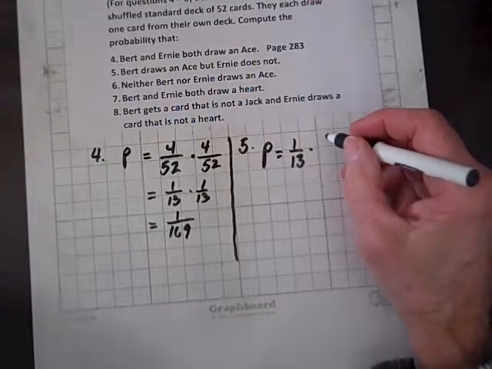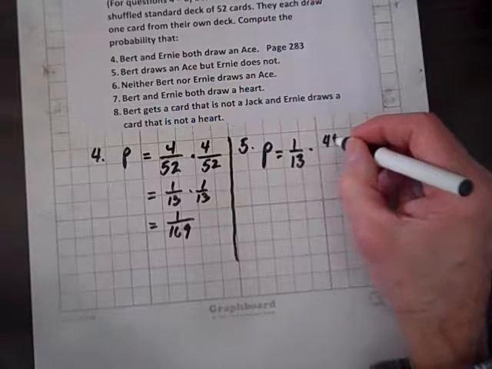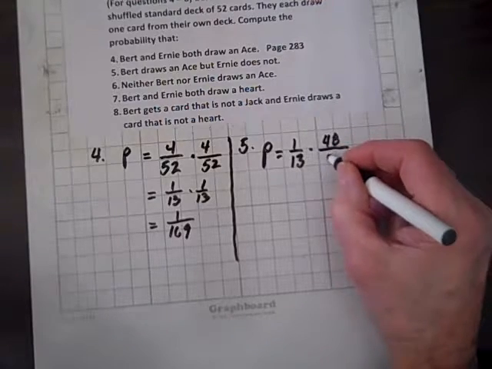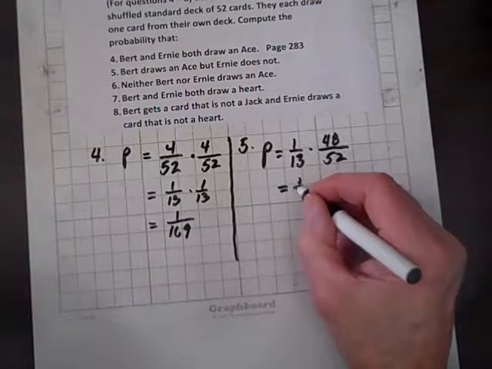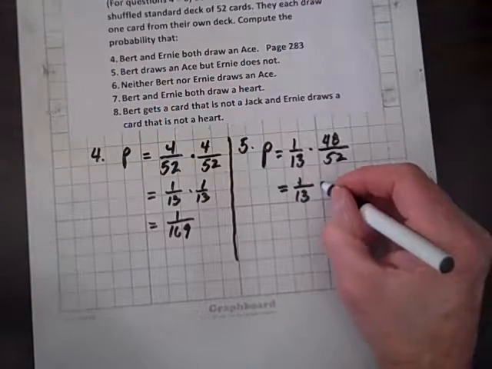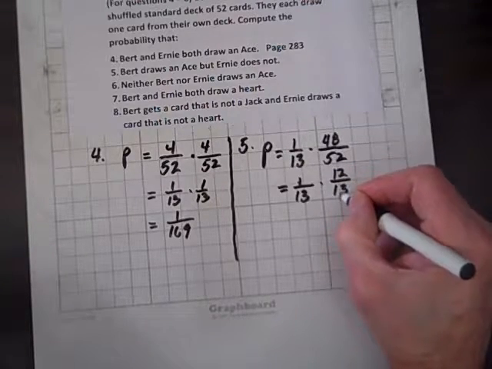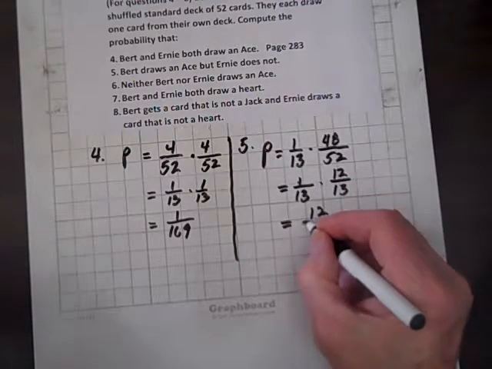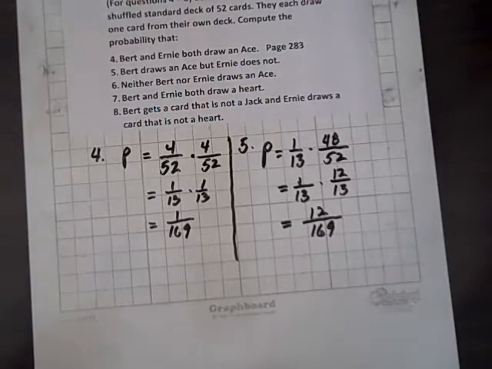And the probability that Ernie does not draw an ace, well, there are 48 cards in the deck that are not aces out of 52 cards, and 48 over 52 reduces to 12 over 13. So that's going to equal 1 times 12 is 12, and 13 times 13 is 169. So there are our 2 probabilities.